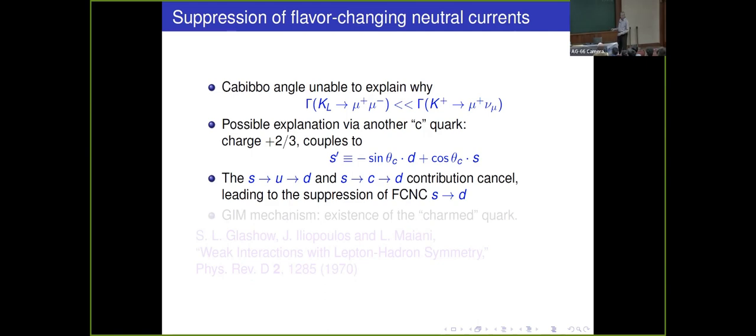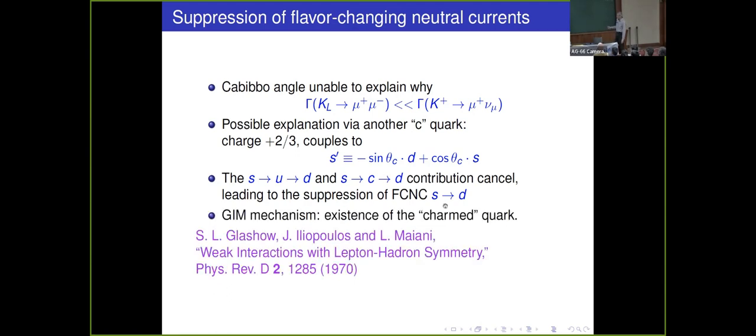And now if you calculate both the amplitudes, they add up and they cancel. As a result, this process, which is a flavor changing S to D neutral current, because both have the same charge, is actually highly suppressed. And this mechanism was called the GIM mechanism, which proposed existence of the charm quark. So that's one more feather in the cap of flavor physics.